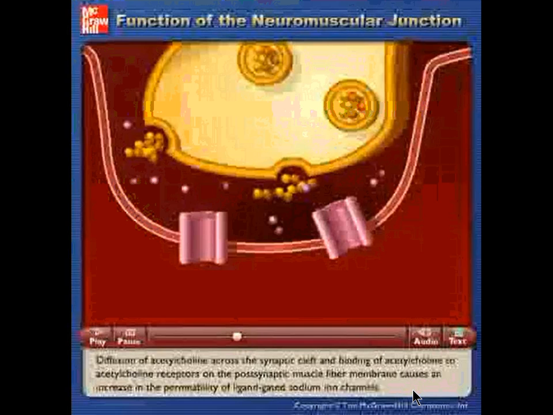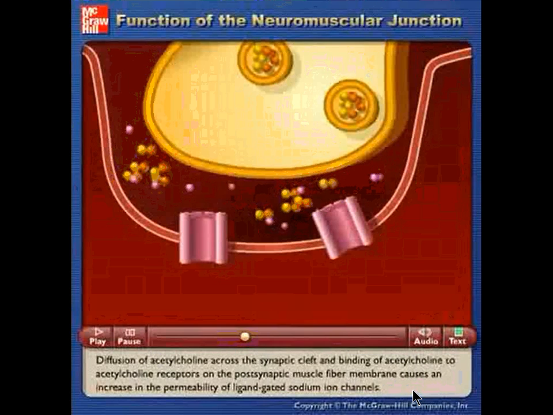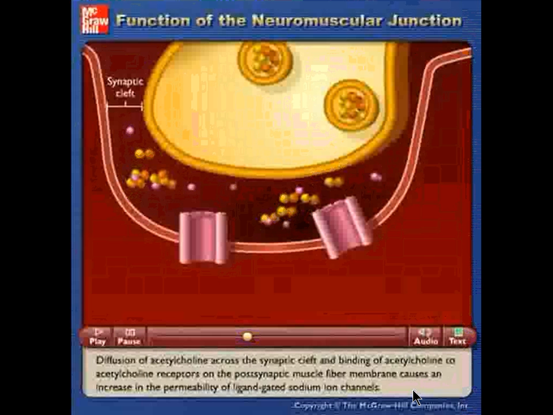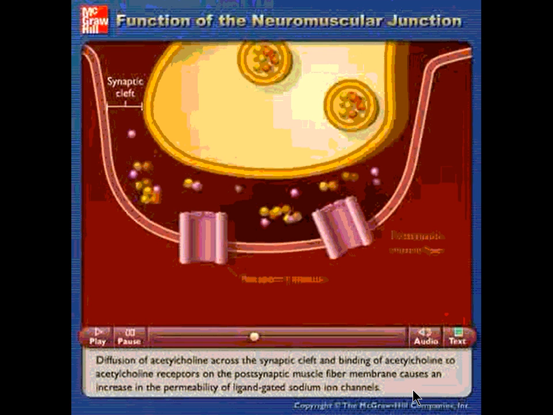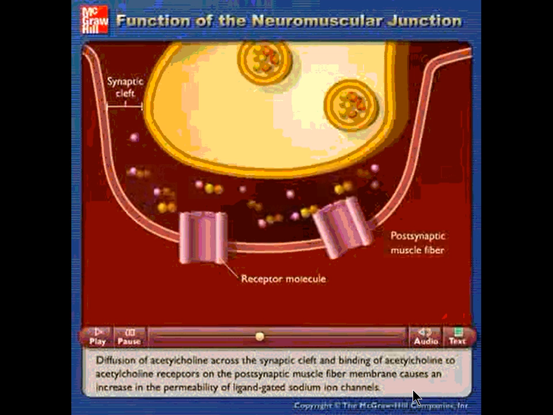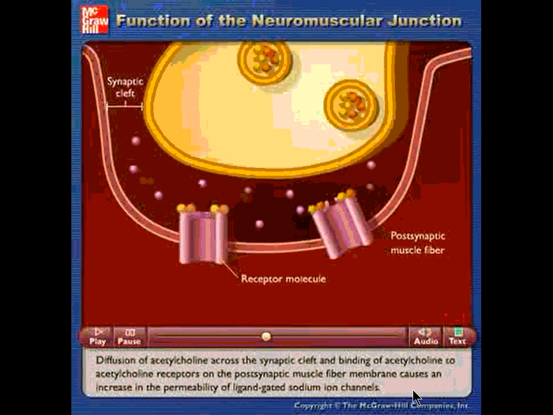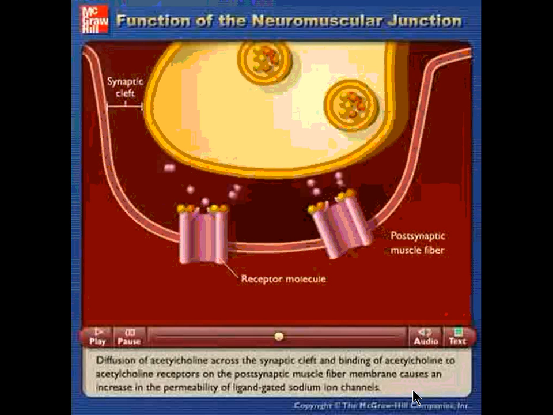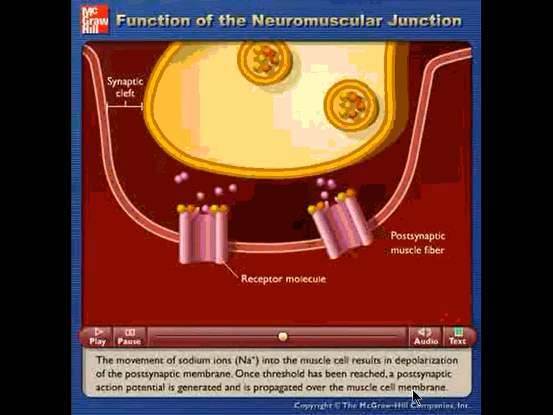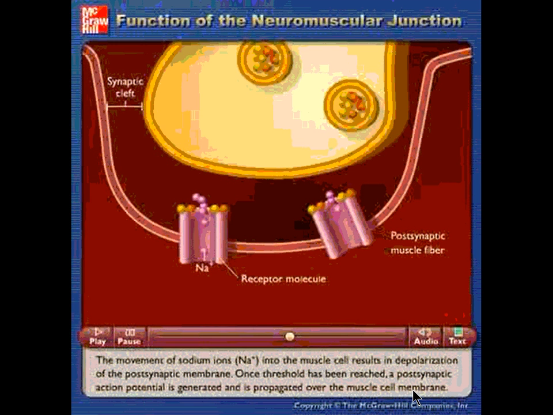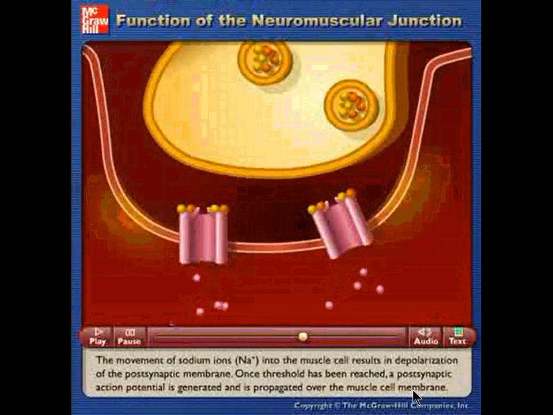Diffusion of acetylcholine across the synaptic cleft and binding of acetylcholine to acetylcholine receptors on the postsynaptic muscle fiber membrane causes an increase in the permeability of ligand-gated sodium ion channels. The movement of sodium ions into the muscle cell results in depolarization of the postsynaptic membrane.